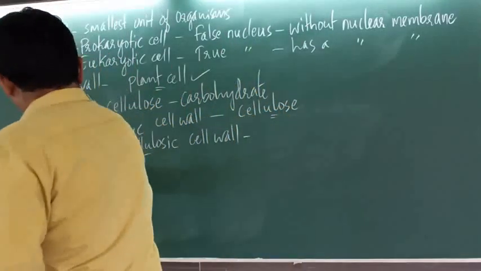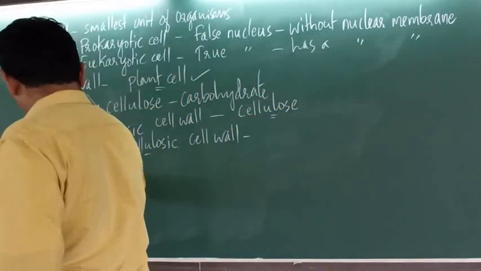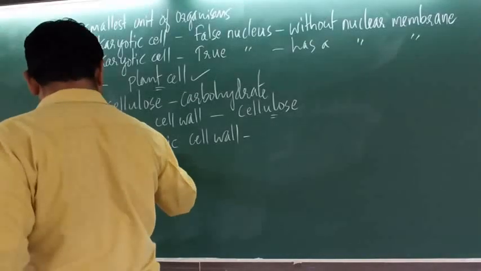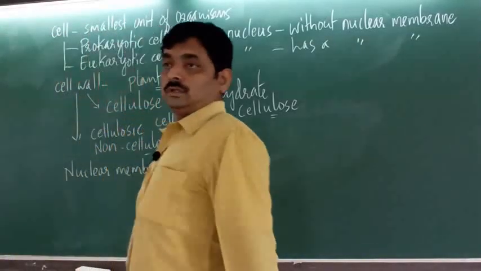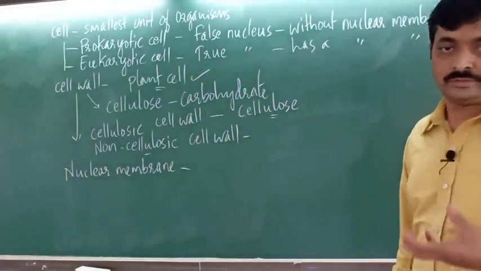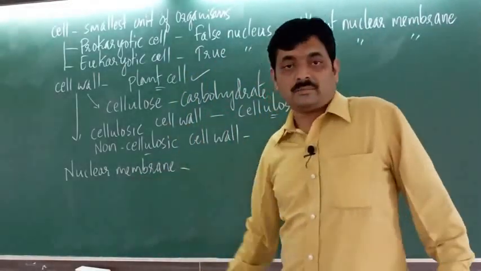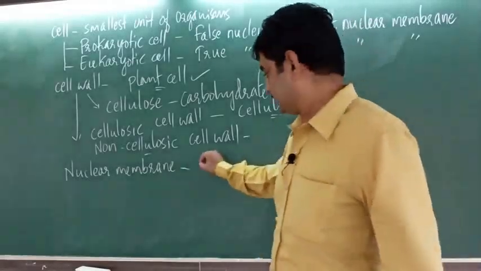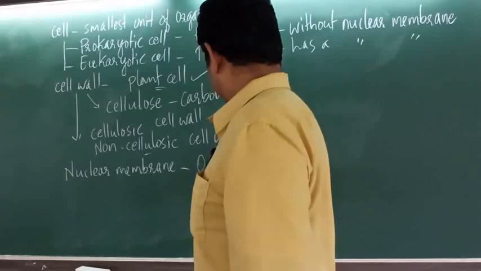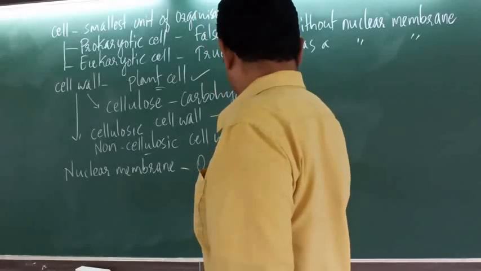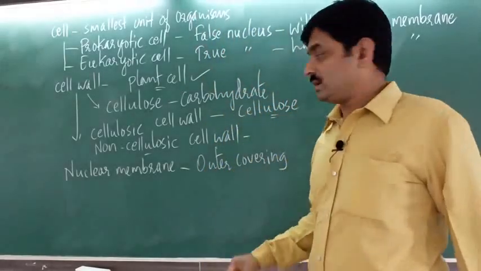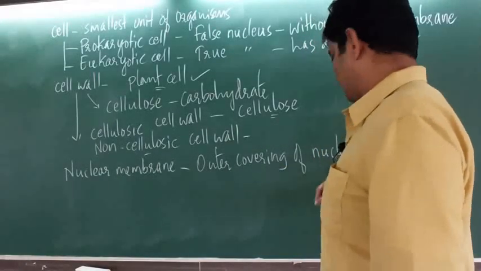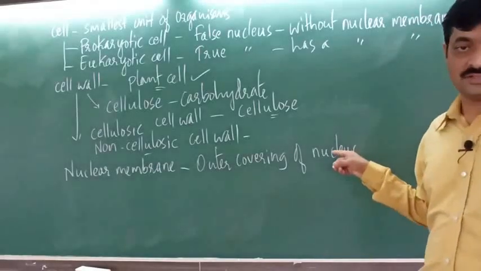The next we shall consider nuclear membrane. So this is another common term that you come across in this topic, nuclear membrane. Nuclear membrane is the outer covering of nucleus, right?